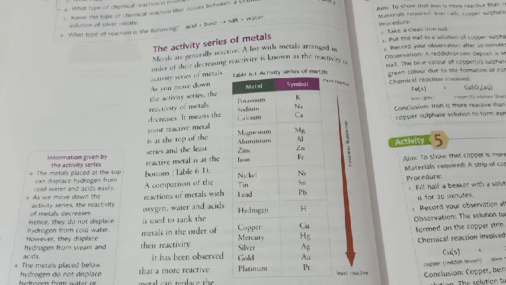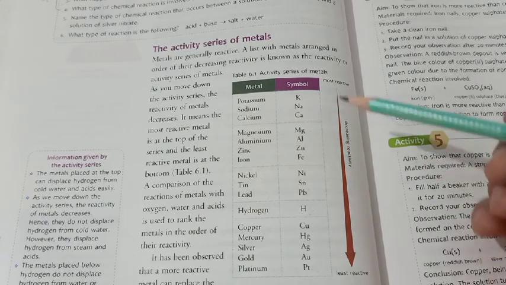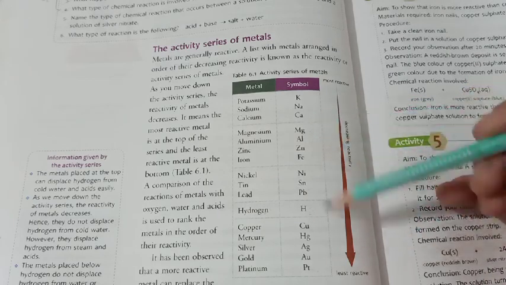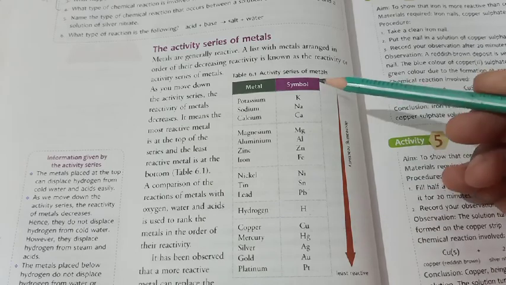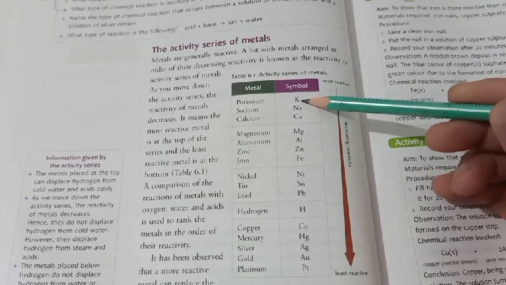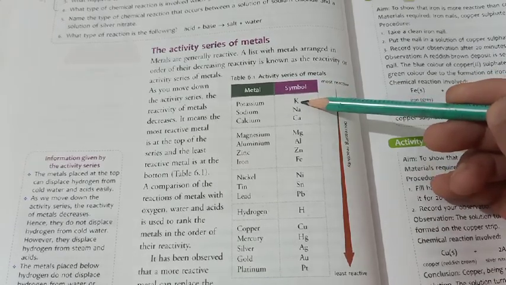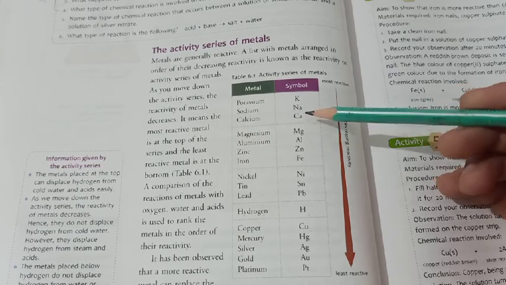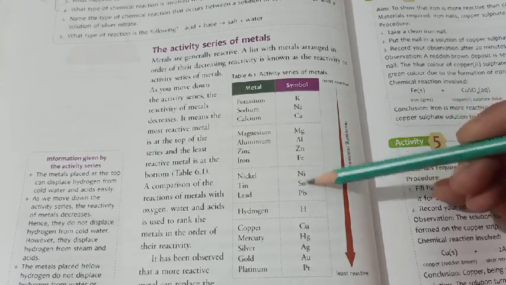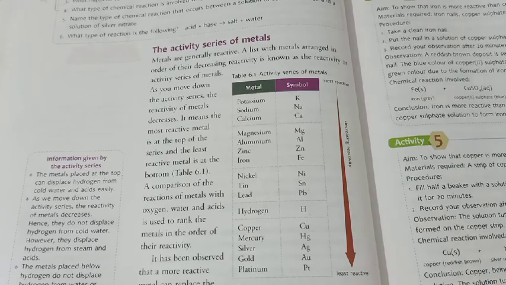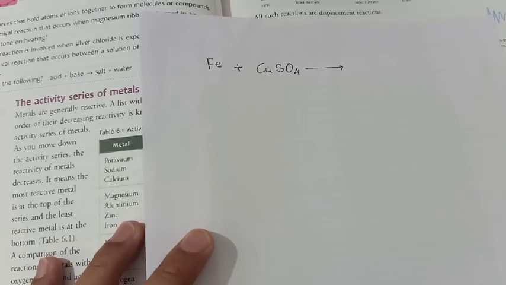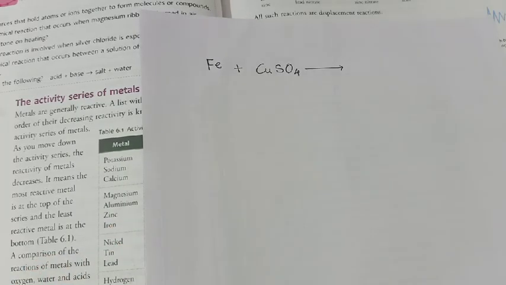Now the same thing can be applied to other metals also. For example, those metals which are at the top can replace compounds of other metals which are at the bottom. Let's take one example, copper sulfate.